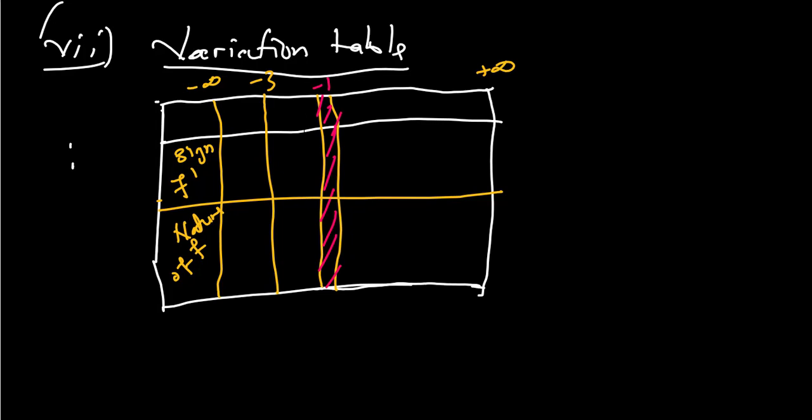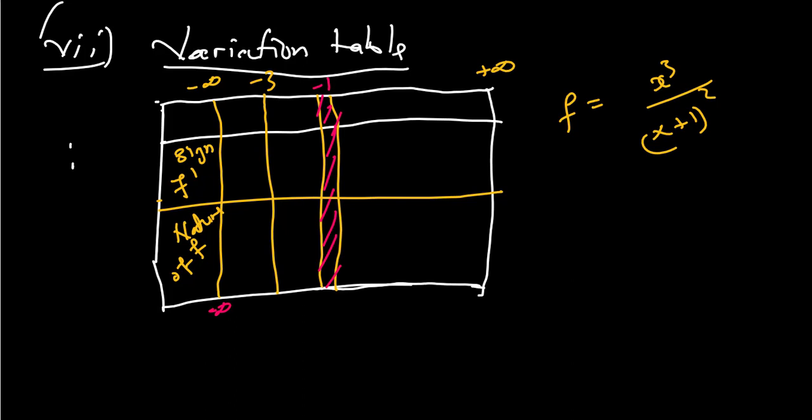Now a way to set up the variation table is simply to evaluate limits at the bounds. The limit as x approaches -infinity of the function f. Remember, f is equal to x cubed divided by (x plus 1) all squared. As x approaches -infinity, the denominator will be positive, since any number squared is positive, but a number cubed will be negative. So as x approaches -infinity, the limit is -infinity.